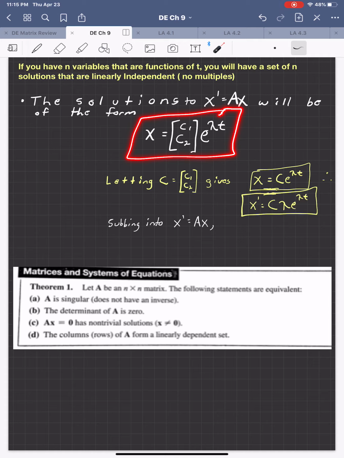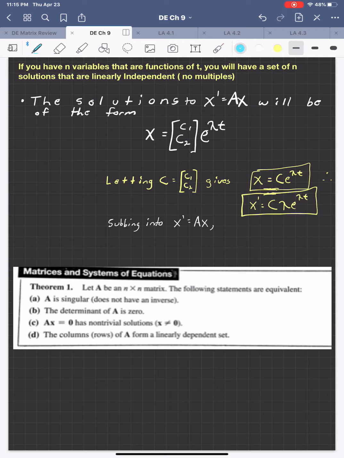Only now you're used to seeing it as c sub 1 e to the r sub 1 t plus c sub 2 e to the r sub 2 t. You're used to seeing the solutions in that form. This is the same thing if you were to distribute each scalar.